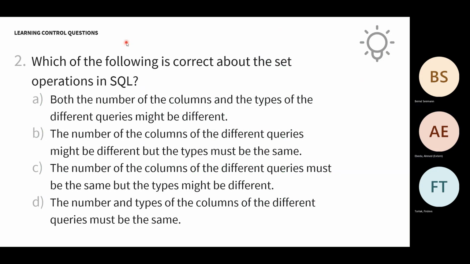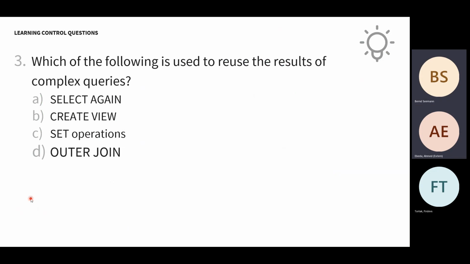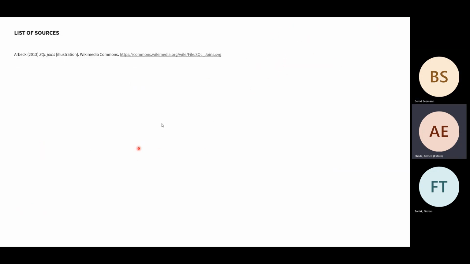If you remember, the number and the types of the columns of the different queries must be the same. Like what we did, it was first name, last name, and the telephone number from the customers and the advisors. Which of the following is used to reuse the result of complex queries? B, create view. Yes, this is one of the targets, to use the result again in the future.